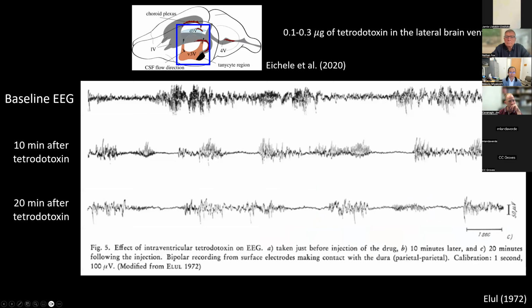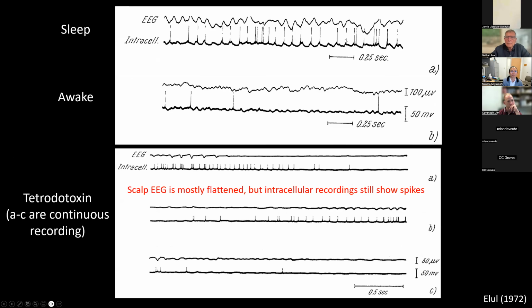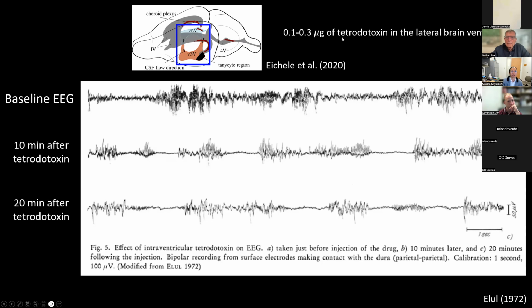And this is an interesting study from back in the 70s. What they did was to inject a poison taken from the pufferfish, tetrodotoxin. And what it does is silence the EEG, as can be seen here.